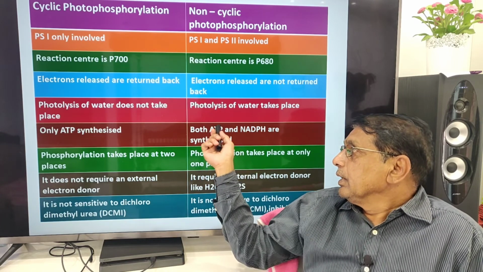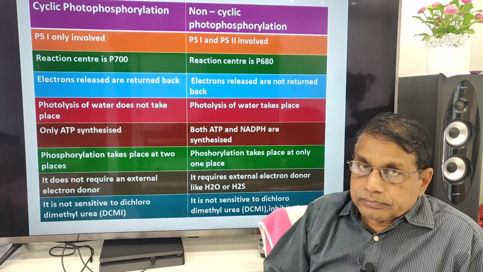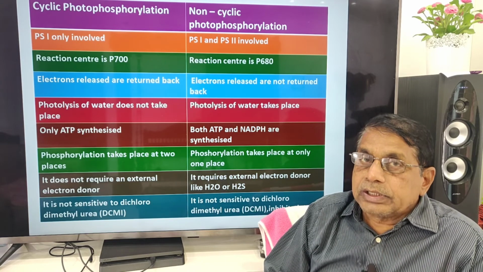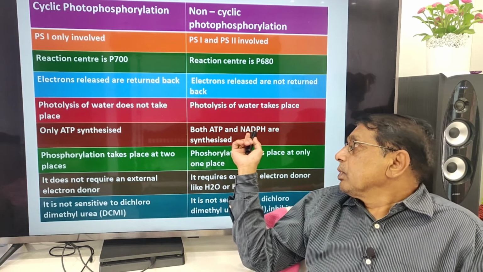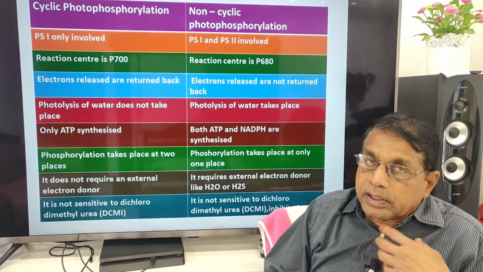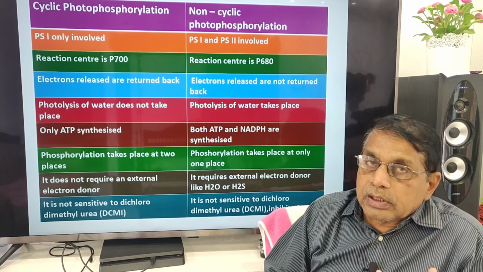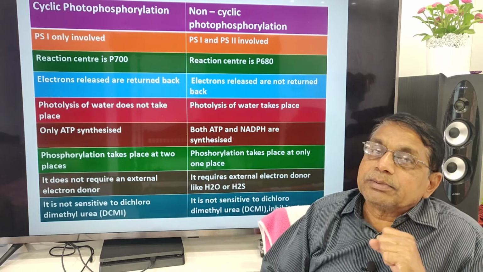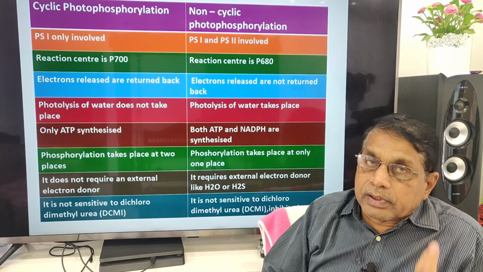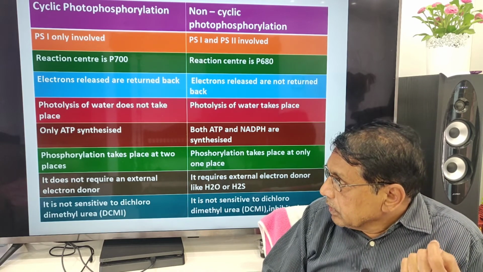ATP is the energy carrier, a temporary energy carrier. NADPH is the proton and electron carrier, the reducing power. Together, these two are known as assimilatory power, required for dark phase reactions.